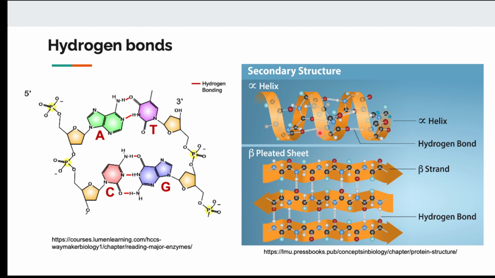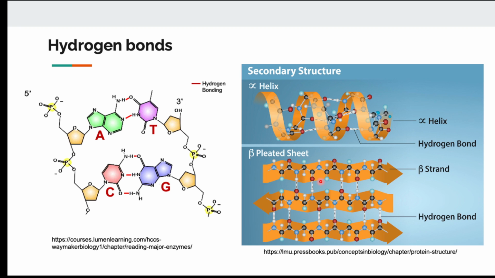So for amino acids that are near each other in 3D, the C=O and the NH can induce hydrogen bonds in the structure. All these dashed lines stabilize the helix formation and the beta sheet formation.